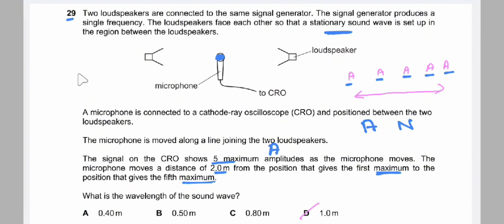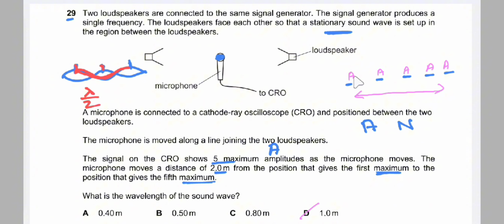For a stationary wave, the distance from one antinode to the next antinode is half the wavelength.